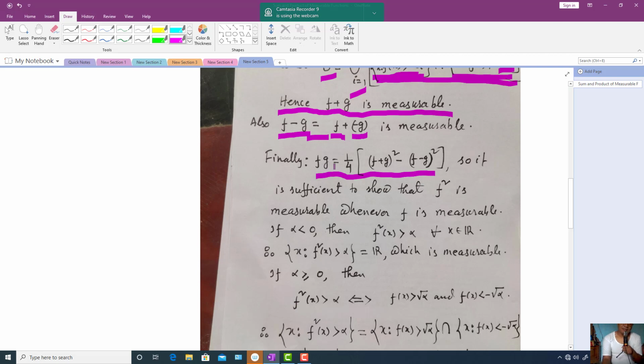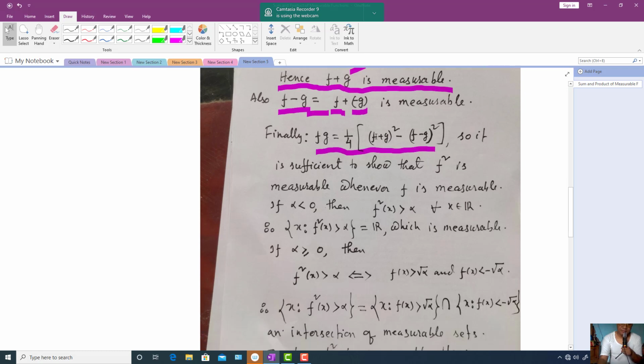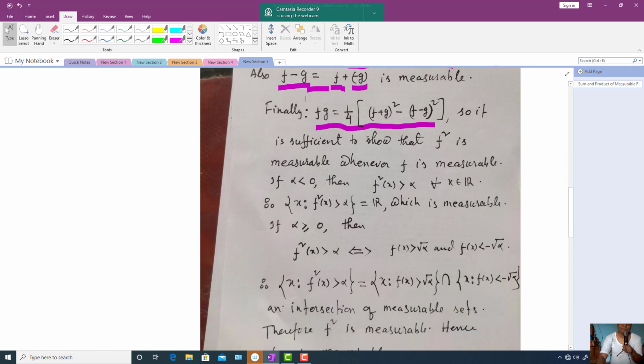So the proof is over if we are able to show that the square of a measurable function is measurable. If its square is measurable, then the theorem is over. So it is sufficient to show that f square is measurable whenever f is measurable.